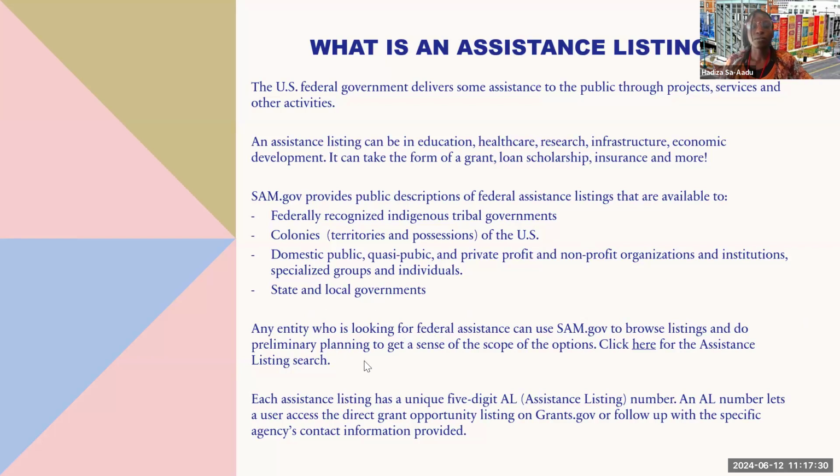Any entity who is looking for federal assistance can use SAM.gov to browse listings and do preliminary planning to get a sense of the scope of the options.